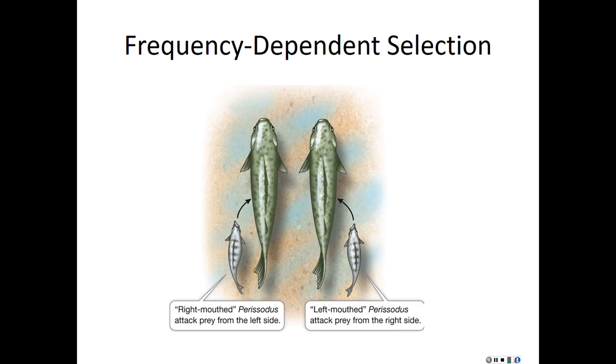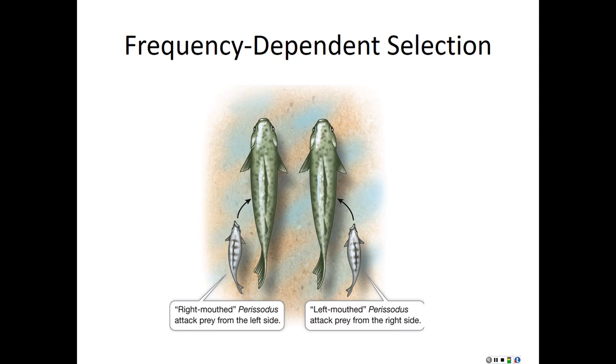Sometimes we just call this FDS. So this is a situation where the frequency determines your reproductive success. I guess that sounds pretty obvious, but let me give you an example.